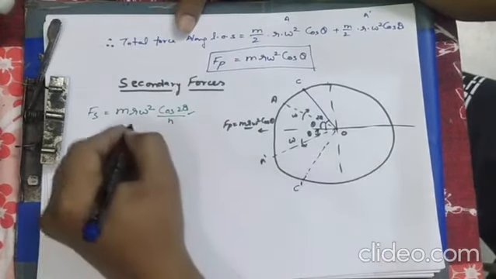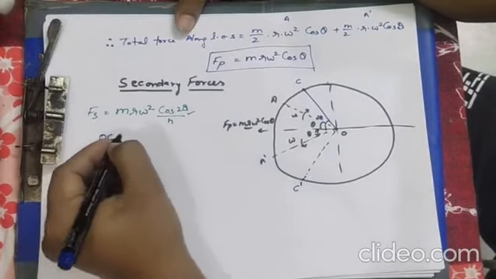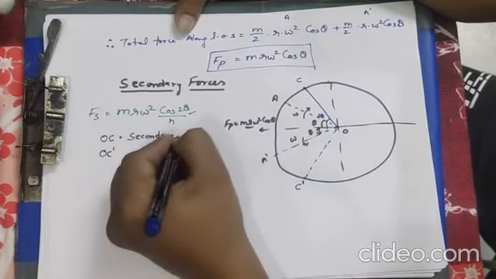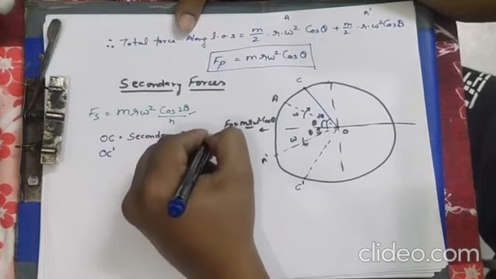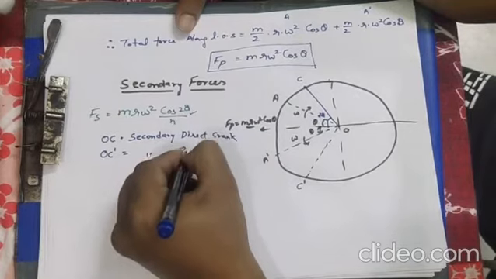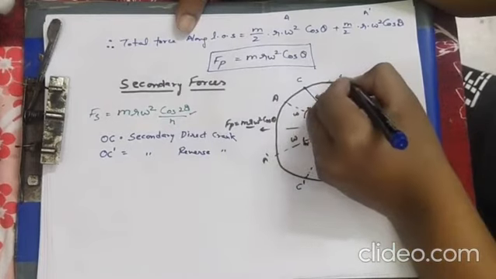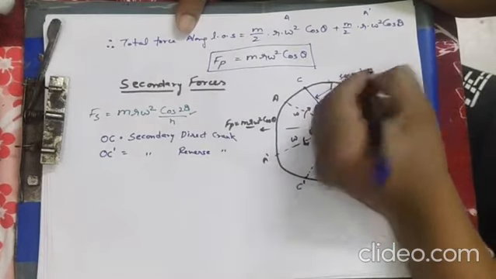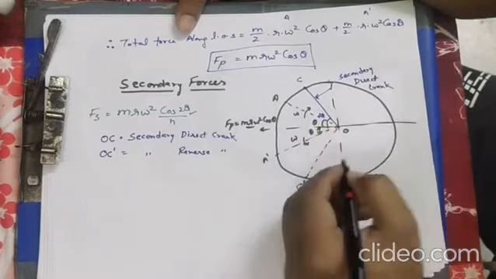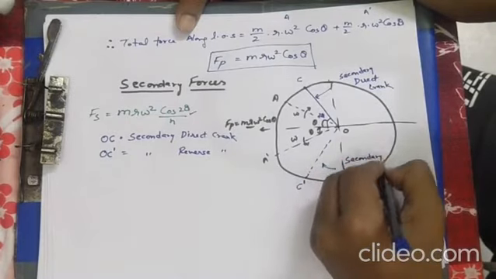So this OC, very very important, this OC and OC dash are the secondary direct crank and secondary reverse crank. So this is the secondary direct crank and this OC dash is the secondary reverse crank.